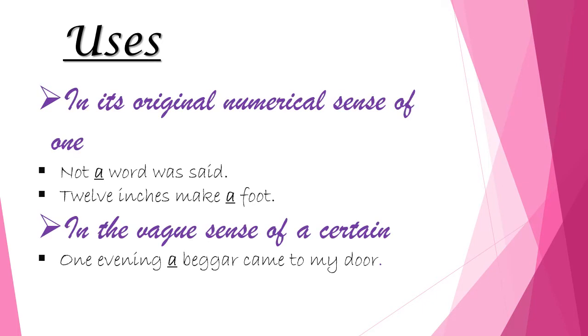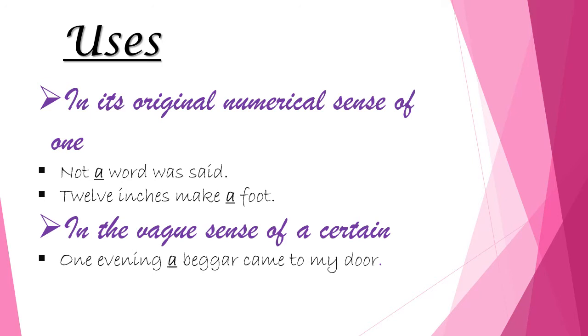Let us now know what are the uses of the indefinite articles, or rather, when do we use it? We use it in its original numerical sense of one. For example, not a word was said, which means not a single word was said. So whenever we have to refer to something in a singular sense or a unit, we use the indefinite article to indicate that.